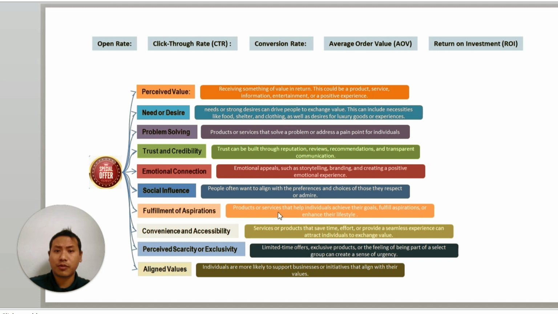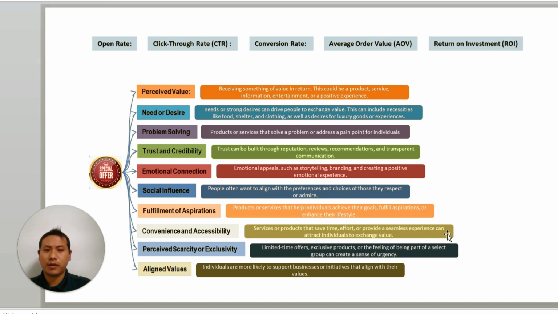Fulfillment of aspirations: products or services that help individuals achieve their goals, fulfill aspirations, or enhance their lifestyles. Convenience and accessibility: services or products that save time, effort, or provide a seamless experience can attract individuals to exchange value, right?